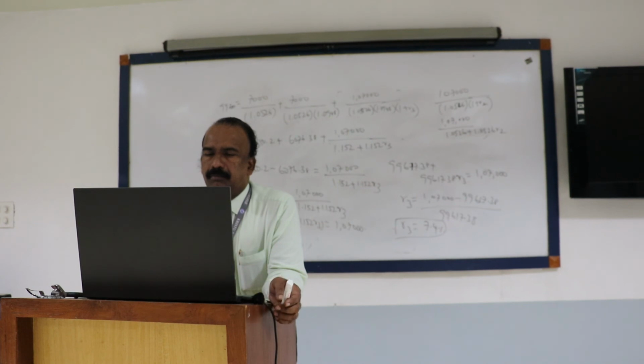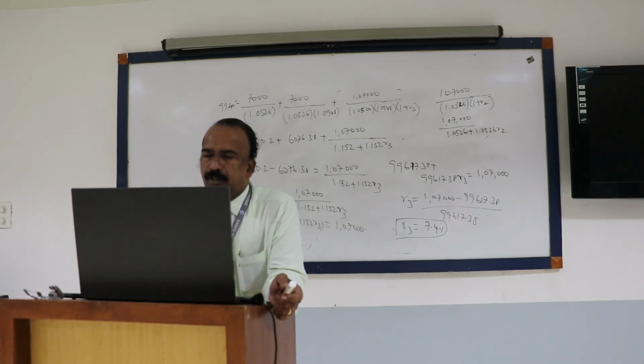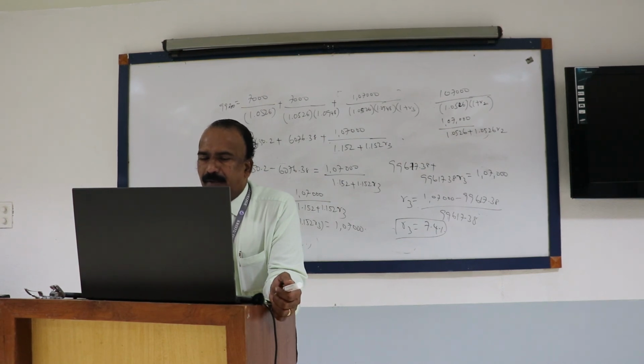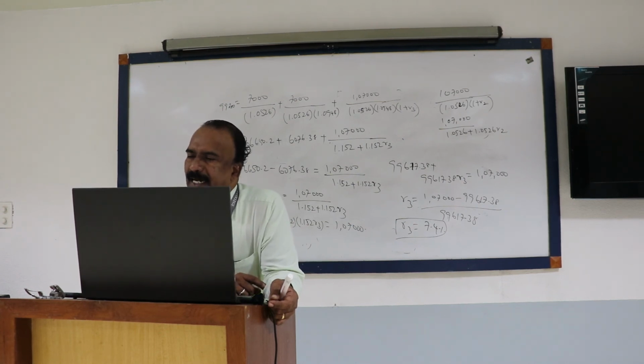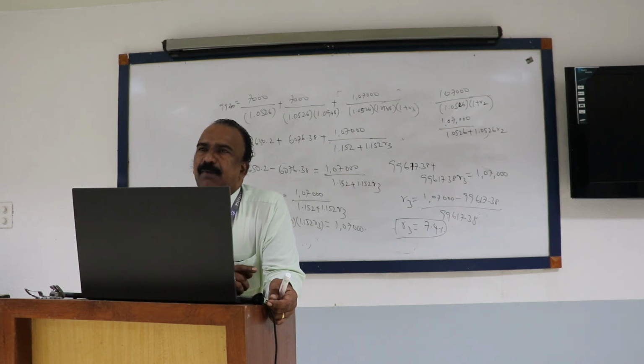Sir, which formula is used here? No, there is no formula as such. When you are calculating for 2 years, 3 years, you have to go like this only. For example, for 4 years: the first year interest divided by 1 plus R1; second year interest divided by 1 plus R1 into 1 plus R2; third year interest divided by 1 plus R1, 1 plus R2, 1 plus R3; and then fourth year maturity value divided by 1 plus R1, 1 plus R2, 1 plus R3 into 1 plus R4.